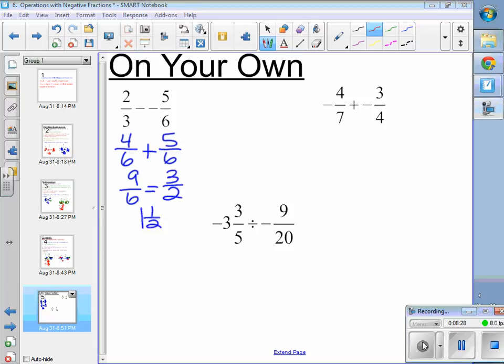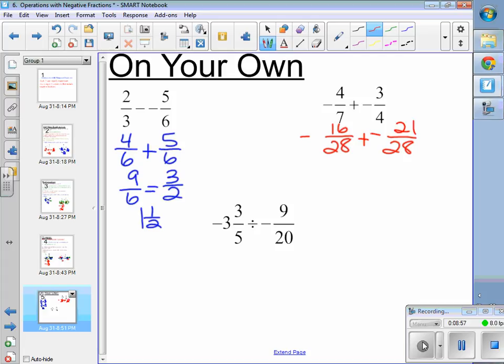All right, then we've got -4/7 plus -3/4. Our common denominator would be 28. So we multiply both of those. We multiply this by 4, so it becomes 16, and the other one by 7, so we get 21.